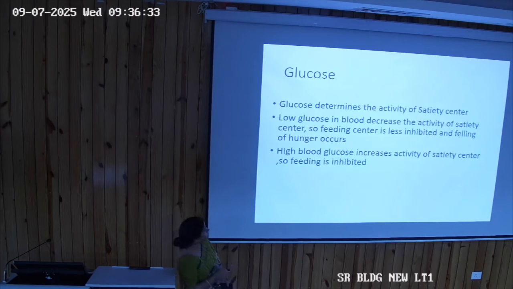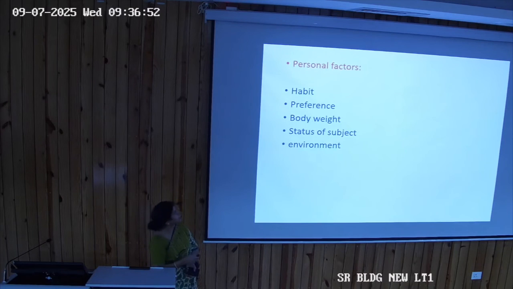Glucose determines the activity of the satiety center. Low glucose in blood decreases the activity of the satiety center, so the feeding center is less inhibited and the feeling of hunger occurs. High blood glucose increases the activity of the satiety center, so the feeding center is inhibited. So these are the mechanisms of how both the centers are getting inhibited. Personal factors: habit, preference, body weight, status of the subject, environment.